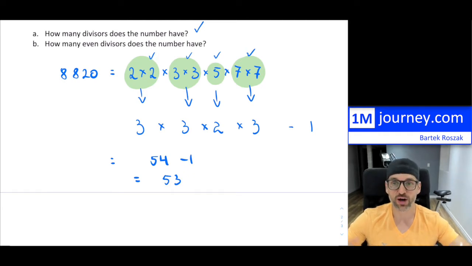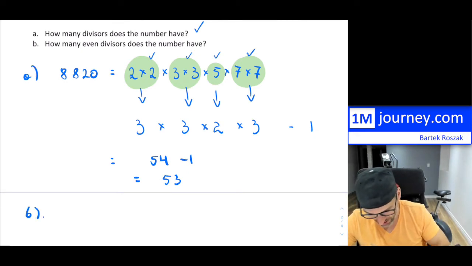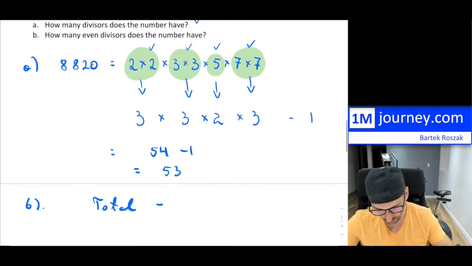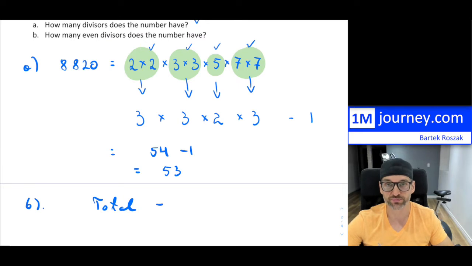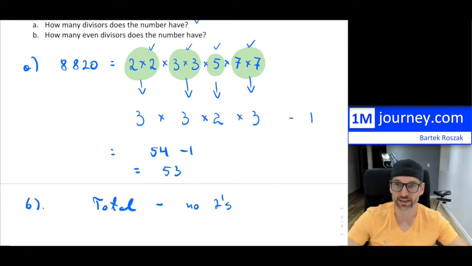Or the opposite: what I can do to solve that question is say, how many total divisors are there, minus all the ones that don't have a 2 at all. So this is with no 2s, because then it's not even.